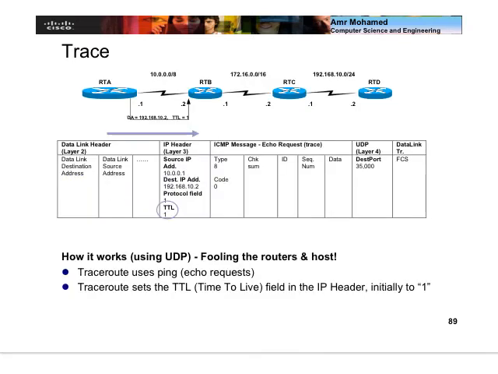To do that, we formulate an ICMP message, and we use the TTL field in the IP header, and we send a UDP header with an arbitrary destination port. I will tell you the function of this later.